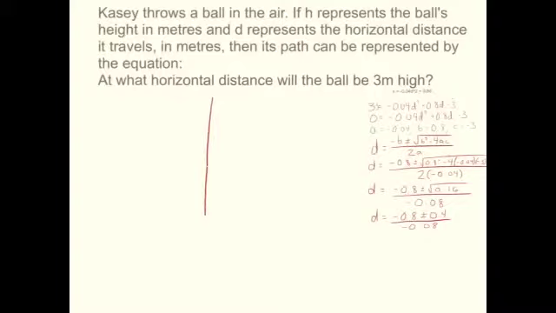And on one side I'll do the plus, and on the other side I'll do the minus. So if I do the plus here, we have d equals negative 0.8 plus 0.4 over negative 0.08. And then on the other side, I'll do the version with the minus.